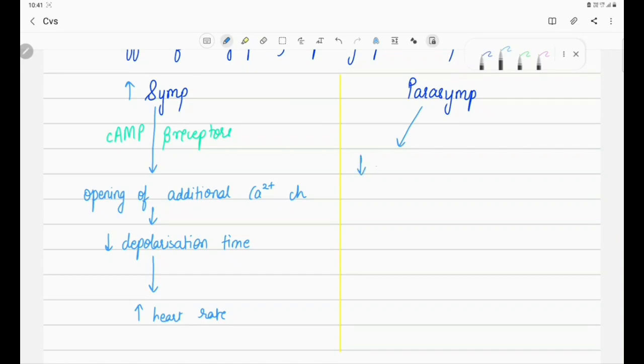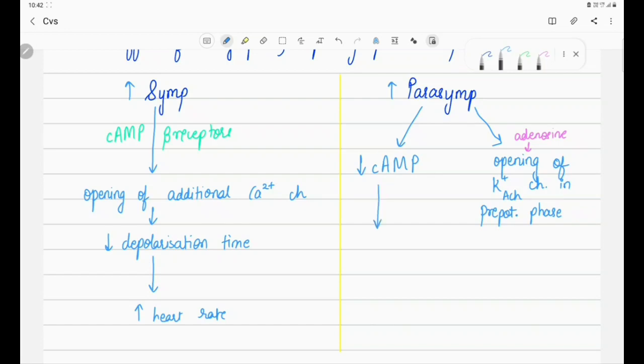Seeing the parasympathetic, increase in parasympathetic discharge decreases cyclic AMP, and it also leads to opening of the ACH or acetylcholine gated potassium channels in prepotential phase or phase 4. Adenosine also stimulates this opening of potassium channels.